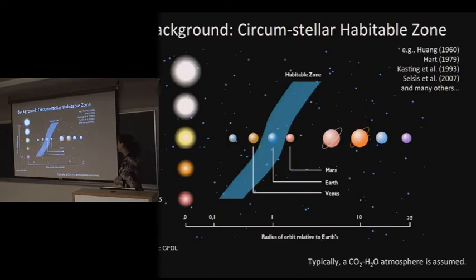First, let me review the classical picture of the habitable zone. When people have considered liquid water ocean-bearing planets previously, they've mainly focused on terrestrial planets, so a carbon dioxide and water atmosphere is typically assumed, encompassing Venus, Earth, and Mars' atmospheres.